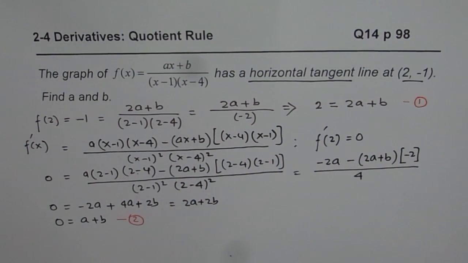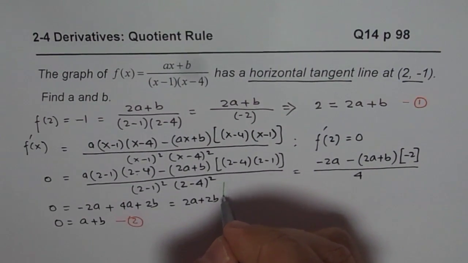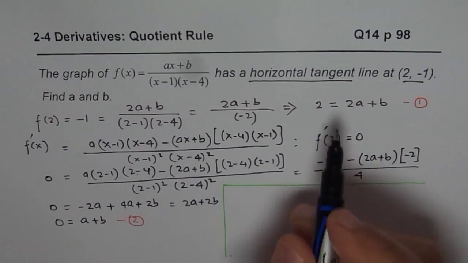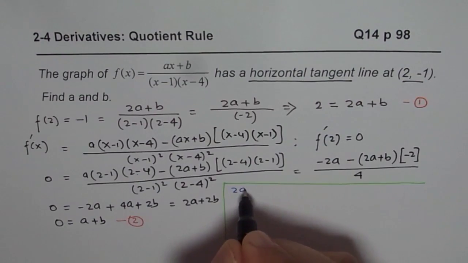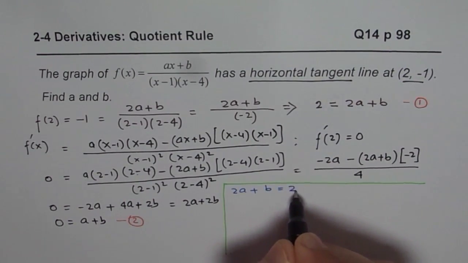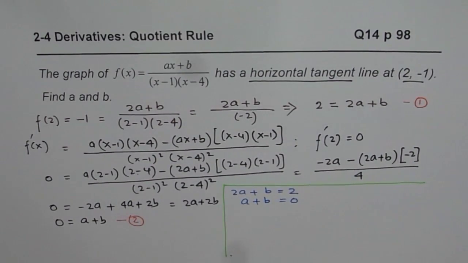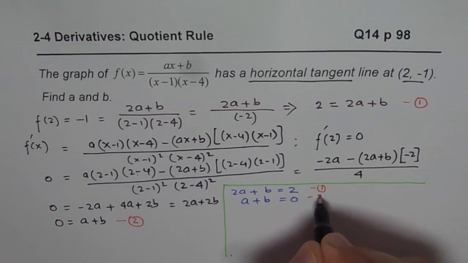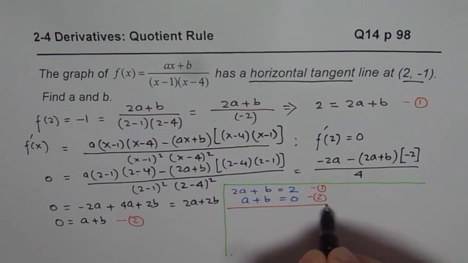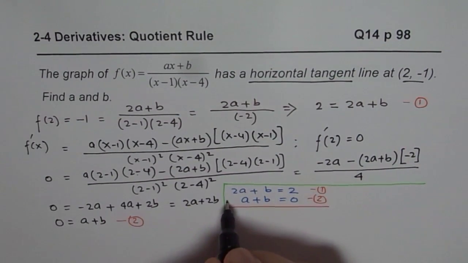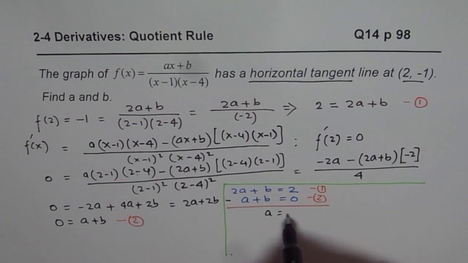So we have two different equations to work with. One of them is 2a + b = 2. The other one is a + b = 0. These are equation number 1 and 2. From these two equations we can solve for a and b. If I subtract, I get a = 2.